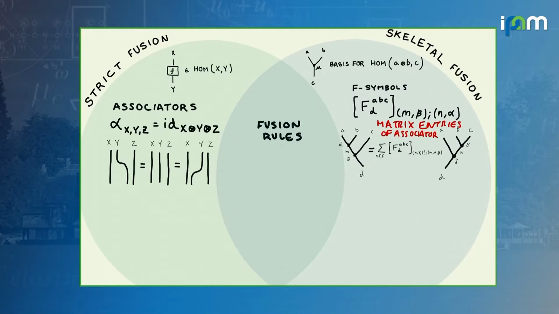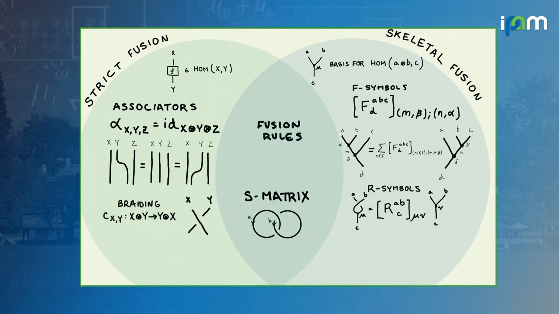And to abstract things a bit, we'll be thinking about a modular category as a fusion category with some additional structure on it. We saw in Eric Rowell's talk that there are multiple routes to defining one of these categories, and I'm going to choose a specific route today. Similarly, in the strict setting, you would draw crossings like this, and that's probably not too shocking. In the skeletal setting, you have your R symbols. Again, these are matrix entries of your braiding isomorphisms.